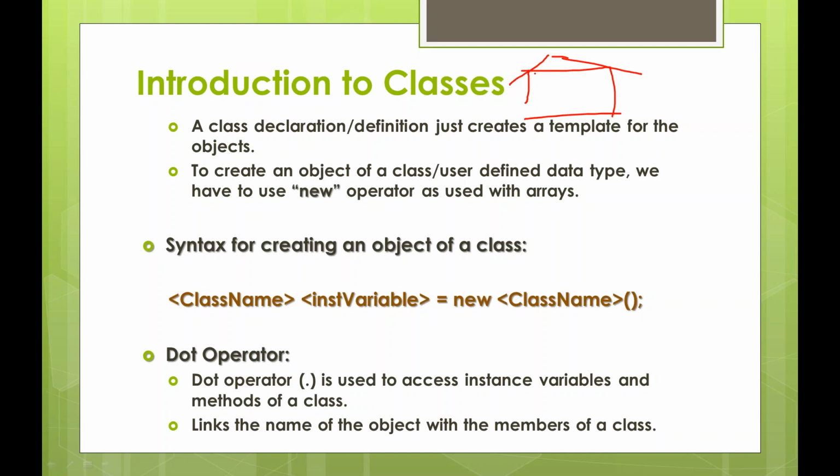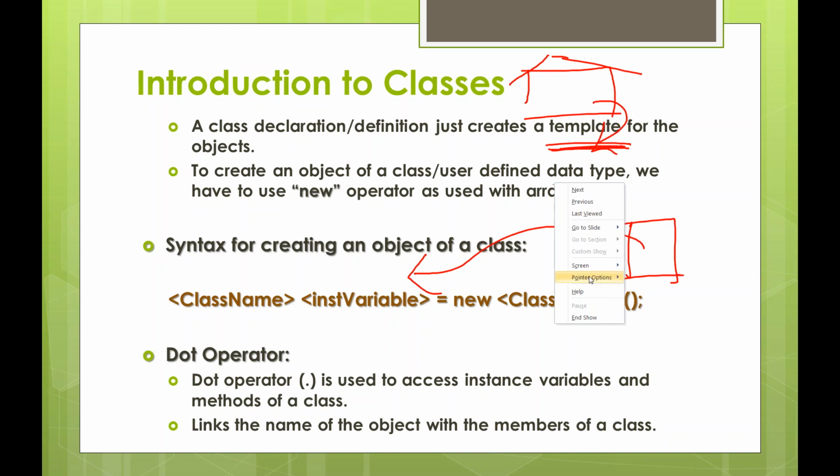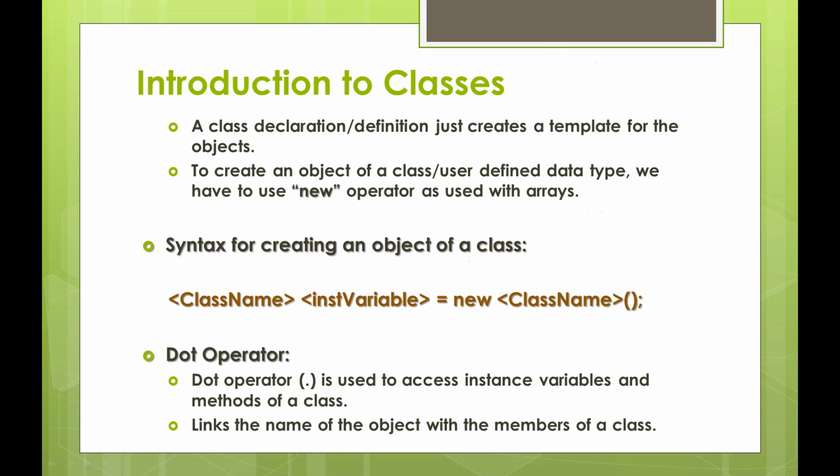Similarly, a class just defines the template, the blueprint for your building. The actual building represents your object. Objects represent the actual building, but the blueprint is your class.